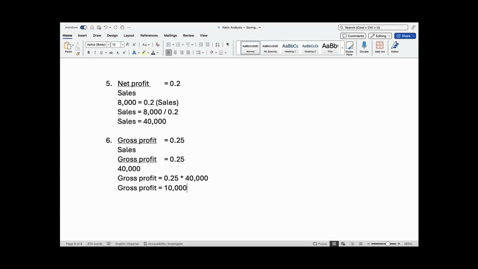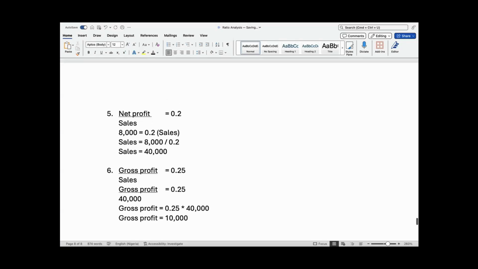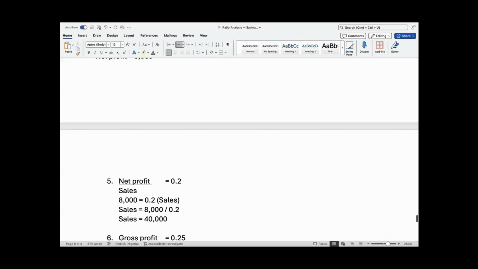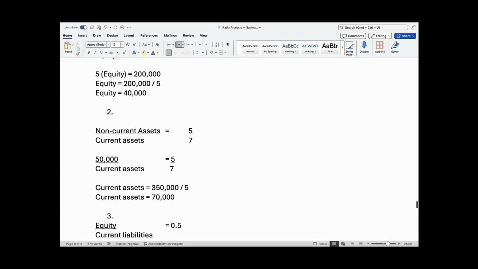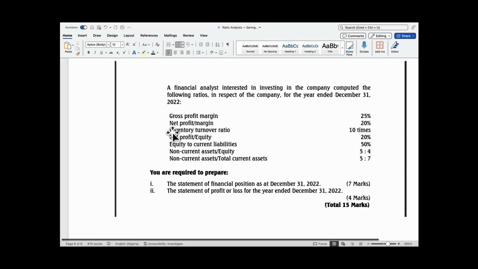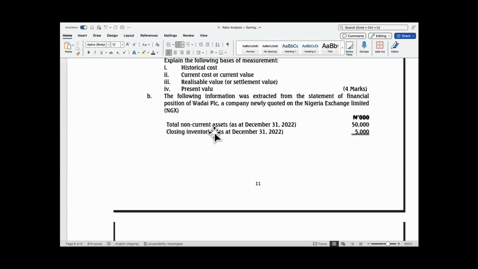By implication, I've solved for everything except that I don't have my cost of sales. But I can easily get my cost of sales because I have sales and I have gross profit. The examiner already gave me closing inventory.